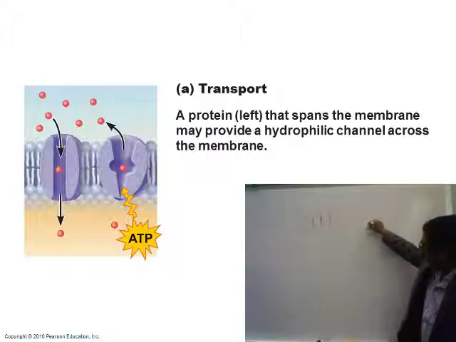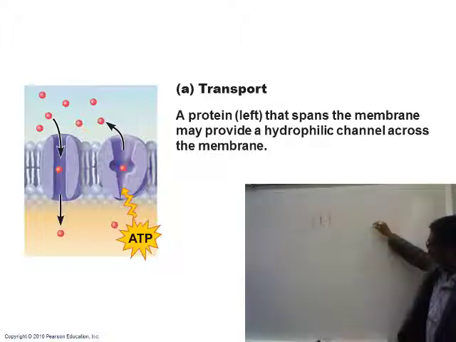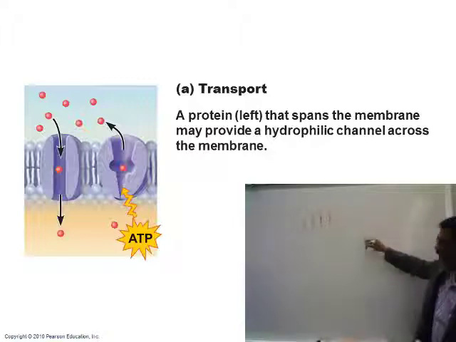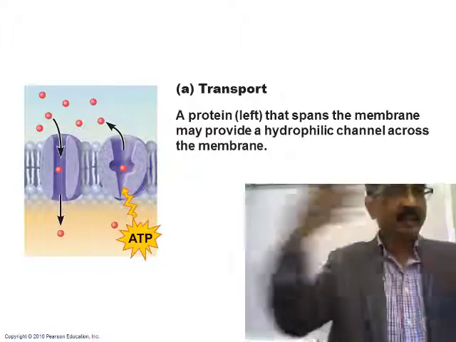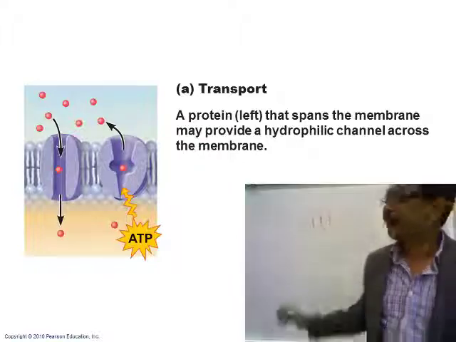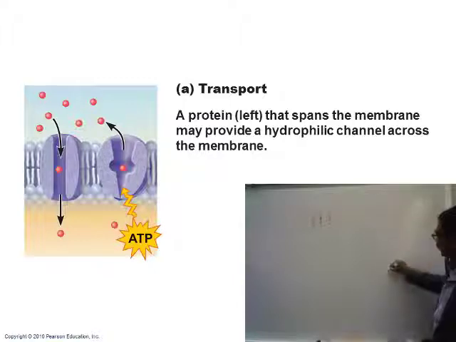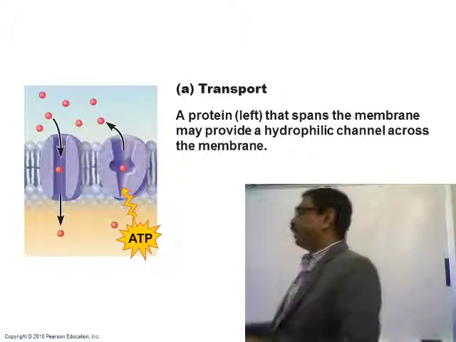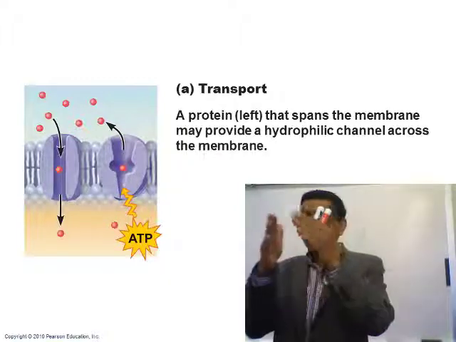The molecules smaller than the size of this channel will easily get in or out. And these channels are always open. Some integral proteins have channels, but those channels are gated channels, which remain closed.